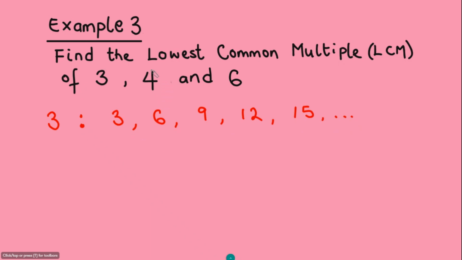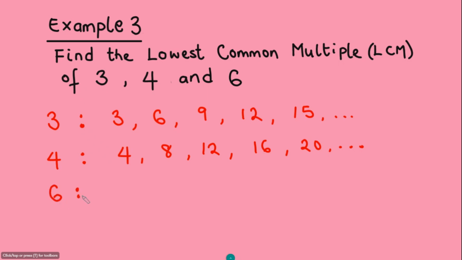And then we'll list the multiples of 4. The multiples of 4 are 4, 8, 12, 16, 20. The list continues.